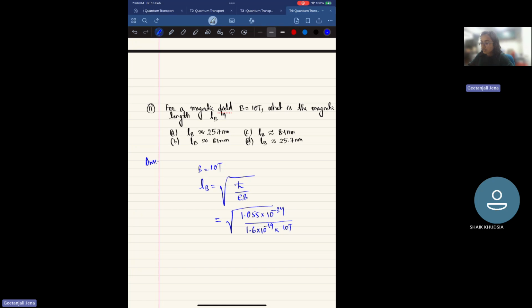Yes, h-bar, you can calculate it. The h value, you know, is 6.63 into 10 to the minus 34 joule second. h-bar is nothing but h by 2 pi. So if you divide it by 2 pi, then you will get 1.055 into 10 to the minus 34. So I think this will give 8.1 nanometer. So check it once again.